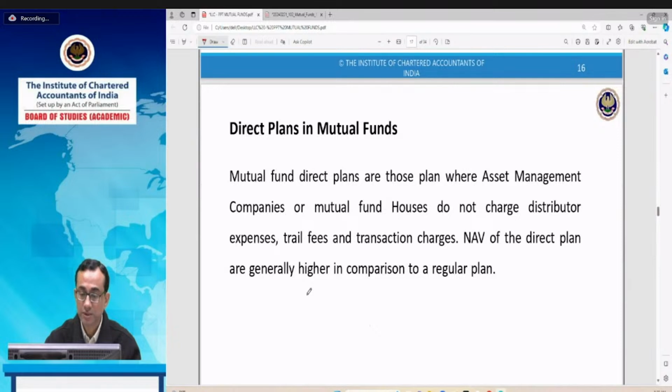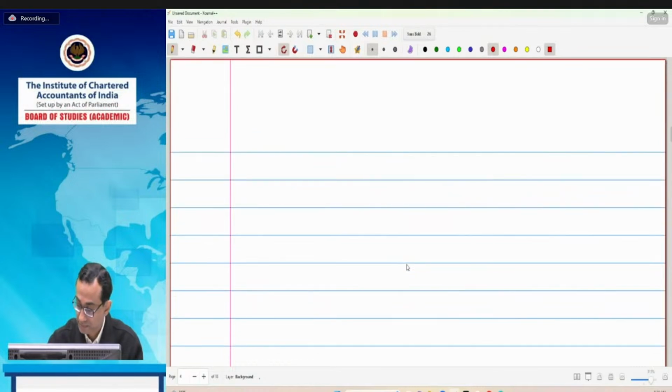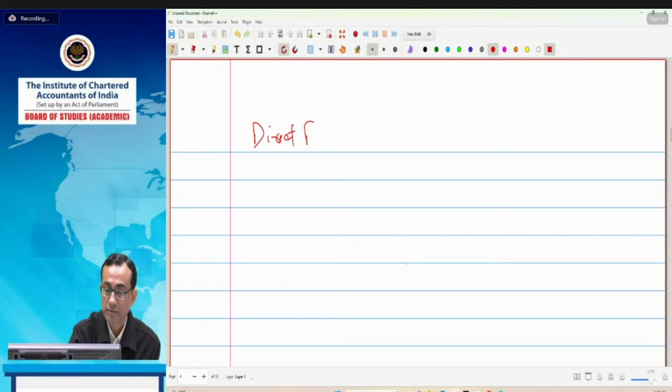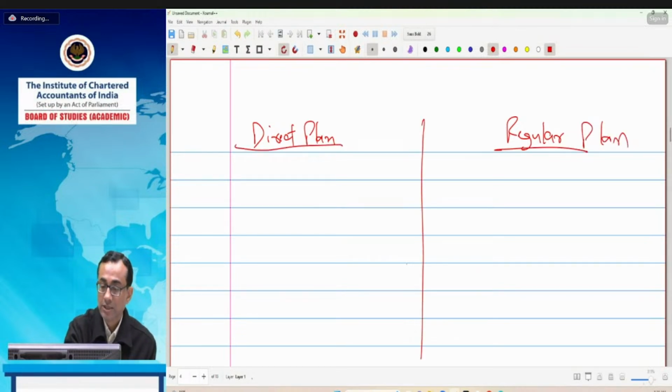Now, before going into the break, I will discuss a very important concept in mutual funds, the direct plan and the regular plan. Let us understand this first. What is a direct plan and what is a regular plan? Direct plan, as you can see from the word, means you can invest directly in a particular mutual fund.